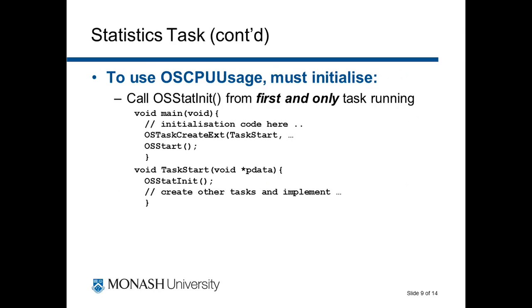So in terms of how this works, the first key is that you run a function called OS init, and it runs from the first and only task running. This is pretty critical, that we run it right from the start.